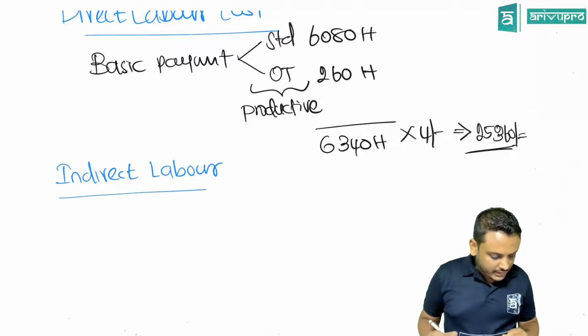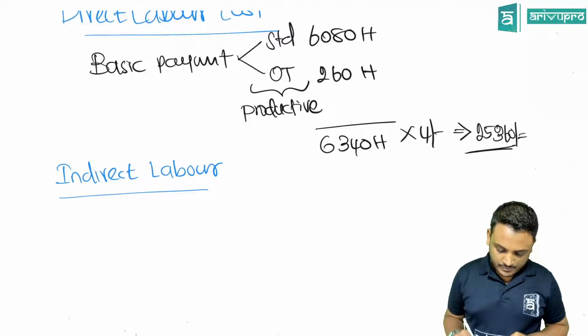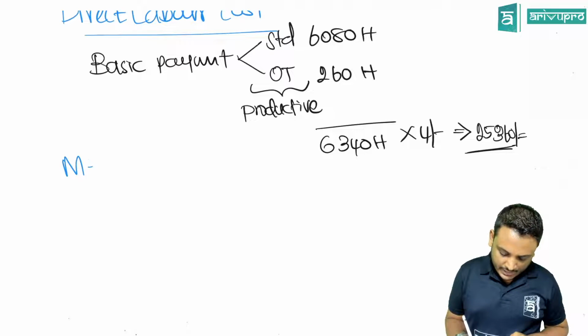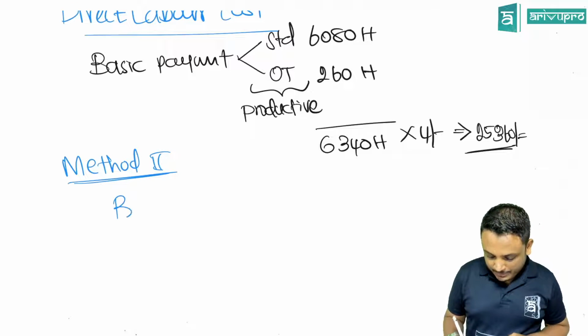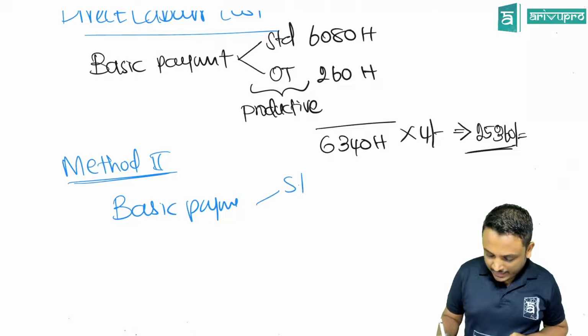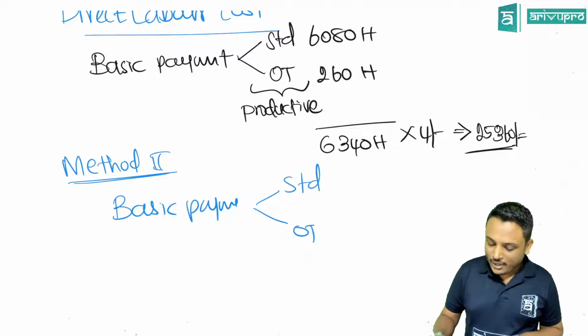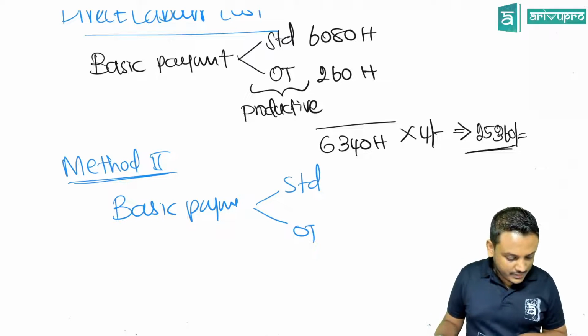Now let's come to indirect labor. Copy this first. Concentrate. Method 2: there is another method also, and some students will come up with that method. Basic payment includes standard and overtime. Standard hours 6,080.